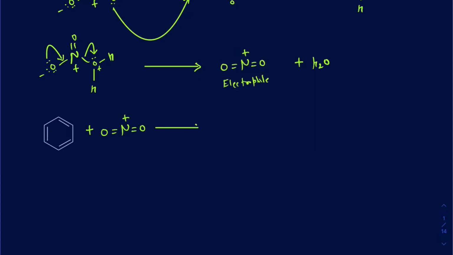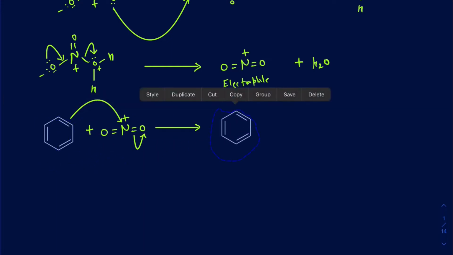In the first step, I'm going to be using one of the pi bonds in the ring to do this nucleophilic attack from the ring. And then the pi bond between the nitrogen and oxygen breaks. So I'll call this 1 and 2.